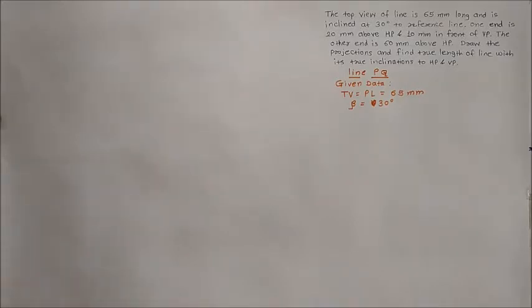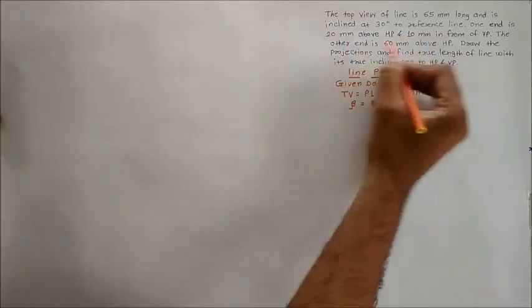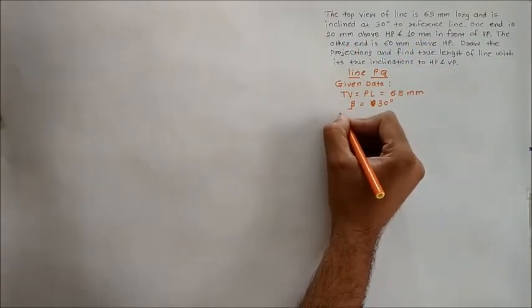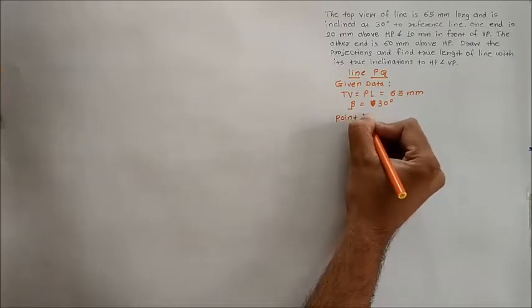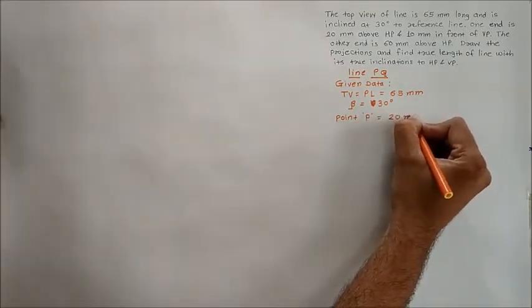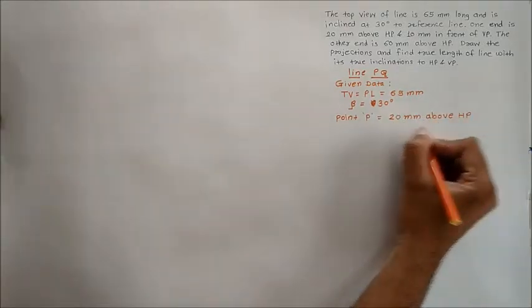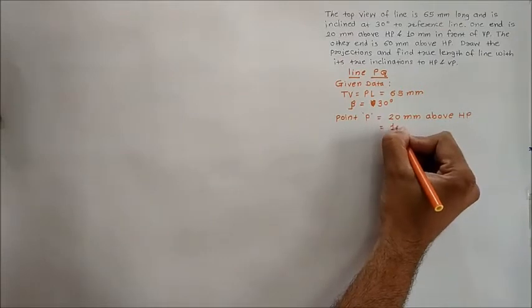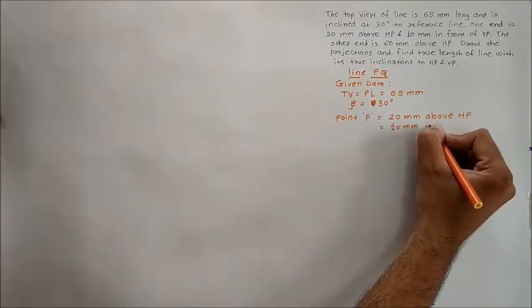So from line PQ, we will consider this particular definition for point P. So point P is 20 mm above HP and 10 mm in front of VP.